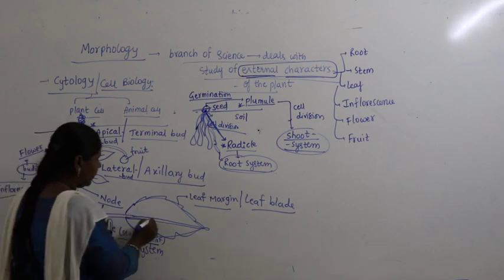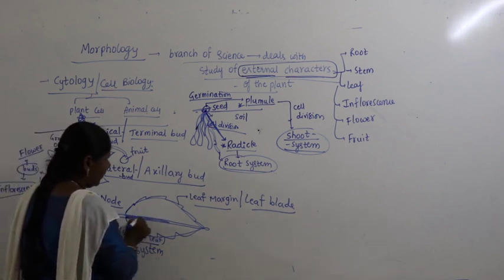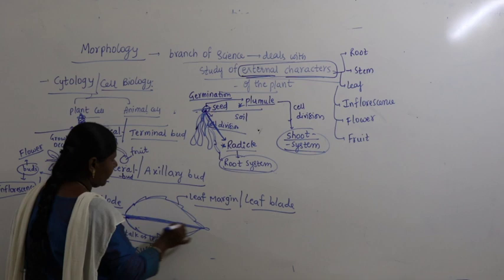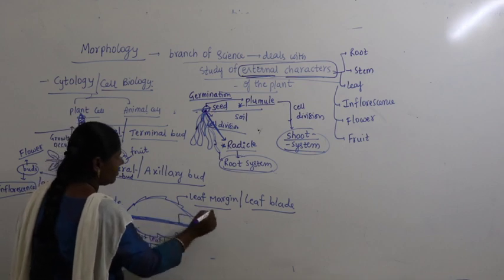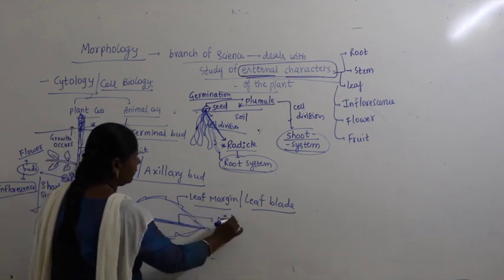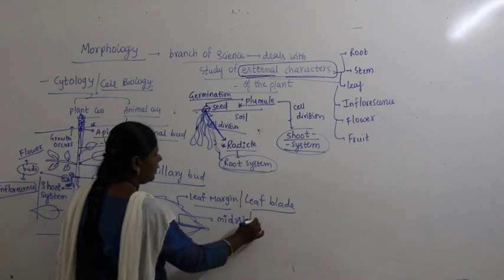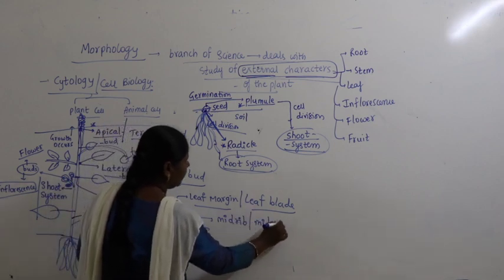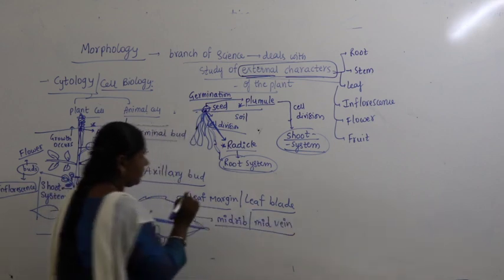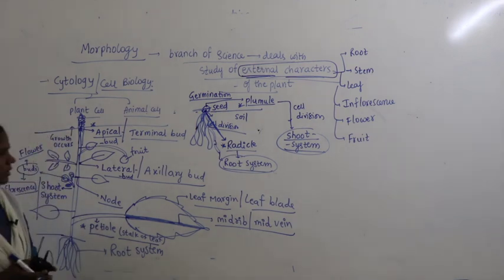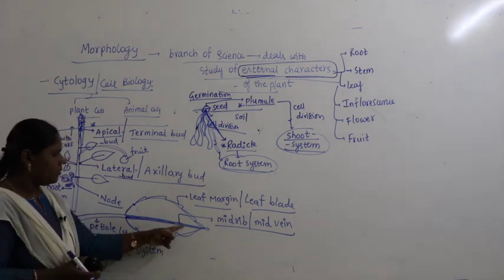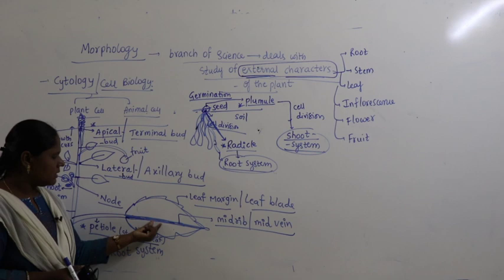And in the center of the leaf, when you observe clearly, the thicker line that we find is called the midrib, or midvein. Okay, so here the midrib or the midvein is present. What is there in the midrib?